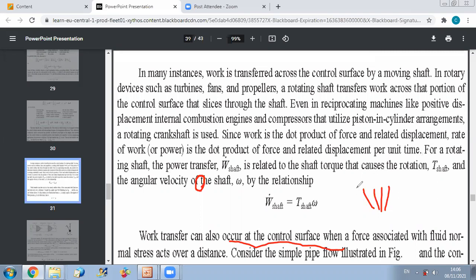So in case it's related to shaft torque, then it can be expressed as the shaft torque times the angular velocity of the shaft. So for example, we might ask you, if you have a thermodynamic application, we apply the energy law, you got a W dot from the energy law, and then you can deduce, if you know the couple transmitted, what will be the angular velocity of the shaft. Okay.